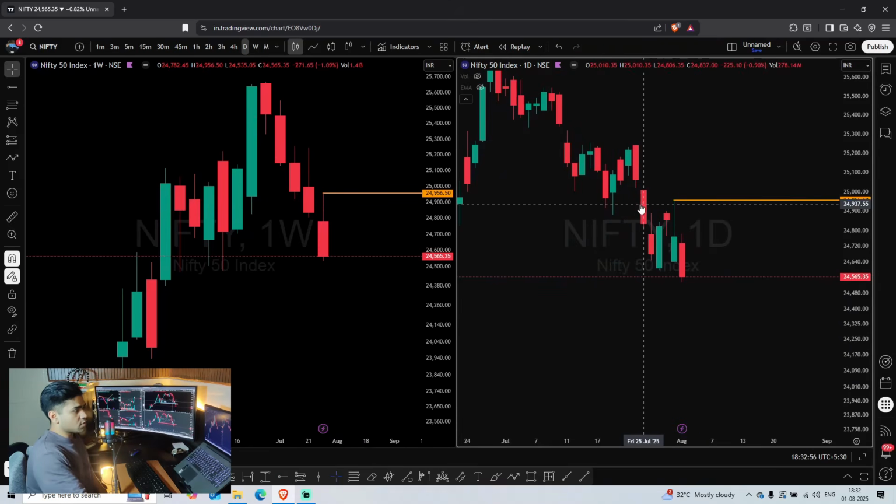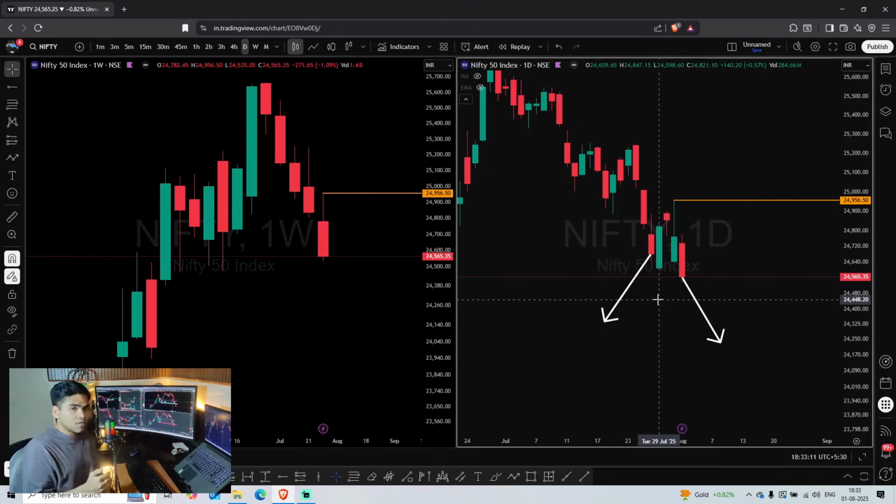You guys can see this was Monday right here, this was Tuesday. Let me mark it. So this candle right here is the Monday candle, and this candle right here is the Friday candle. Okay, and this one candle represents its own OHLC value for that particular day. Then this candle represents its own OHLC value for that particular day.